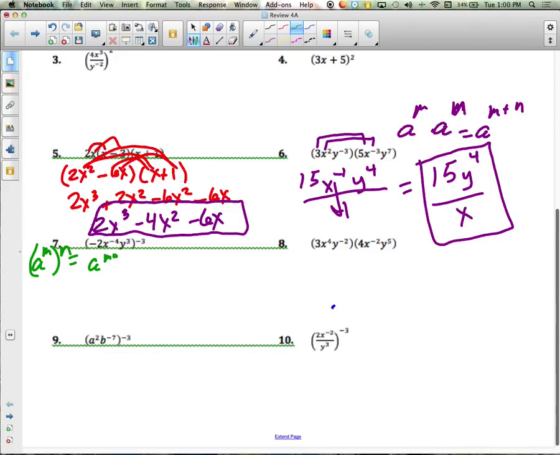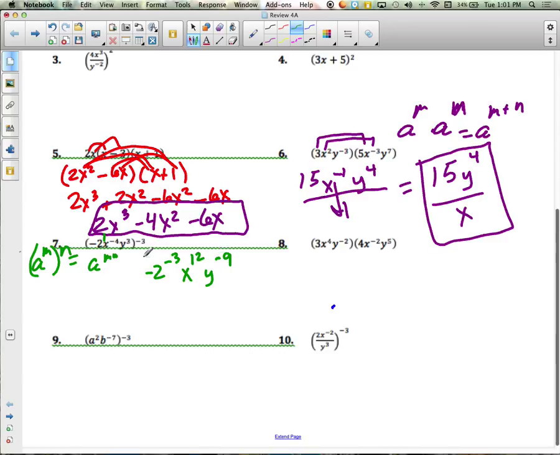Remember that the 2 has an exponent of 1. So my base is negative 2. Its exponent is 1. I go 1 times negative 3 and I get negative 3. Then for the x, its exponent, negative 4 times negative 3, becomes positive 12. And then for the y, it is 3 times negative 3, which is negative 9.